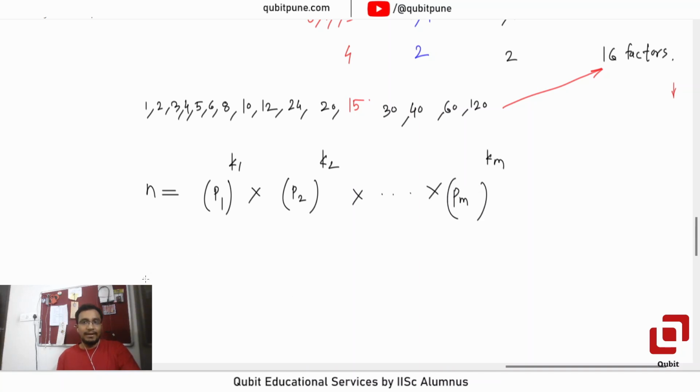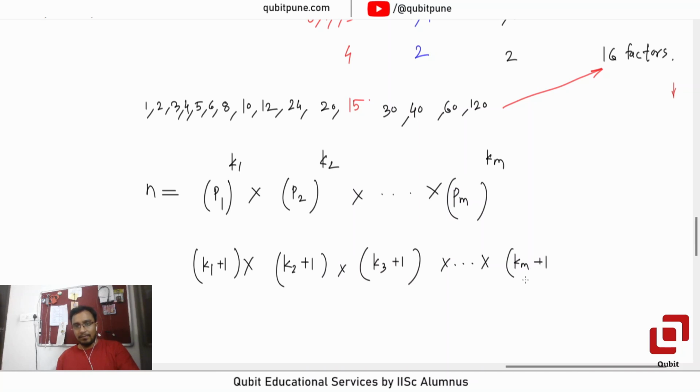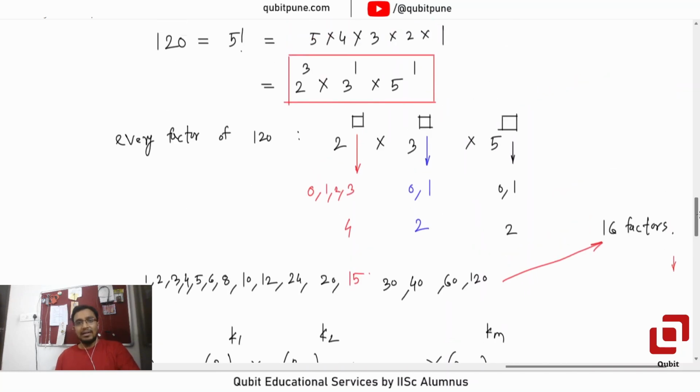Then how many factors will it have? (k1 plus 1) into (k2 plus 1), because 0 comes, (k3 plus 1), and so on, up to (km plus 1). Is it clear now?